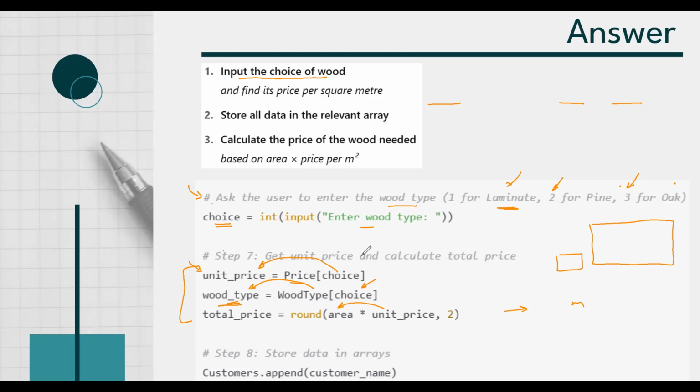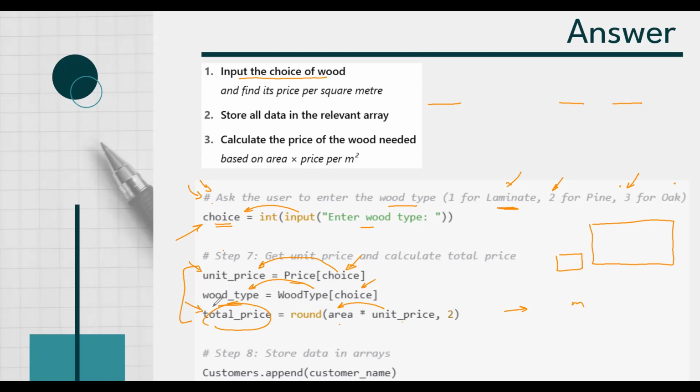The indexing, the way it is done here, can be tricky for some people, but this does not prevent you, if you understand that you need to enter the wood type and get something from the user, from writing the comment and even from writing this kind of line, because it's quite easy. If you get the unit price and you multiply it by area, that will give you the total price. You need to print the total price.